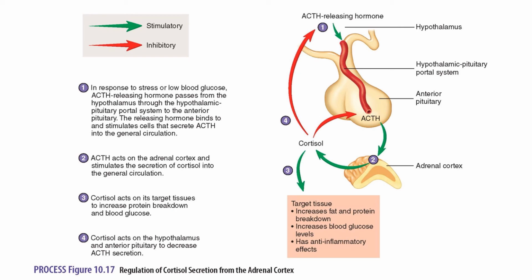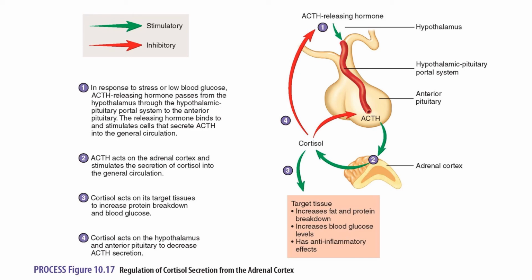Okay, so in response to stress or low blood glucose, ACTH releasing hormone passes from the hypothalamus through the hypothalamic pituitary portal to the anterior pituitary. The releasing hormone binds to and stimulates cells that secrete ACTH into the general circulation. So adrenocorticotrophic hormone acts on the adrenal cortex and stimulates the secretion of cortisol into the general circulation.